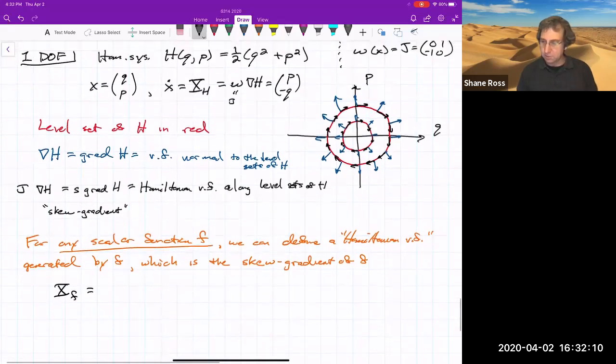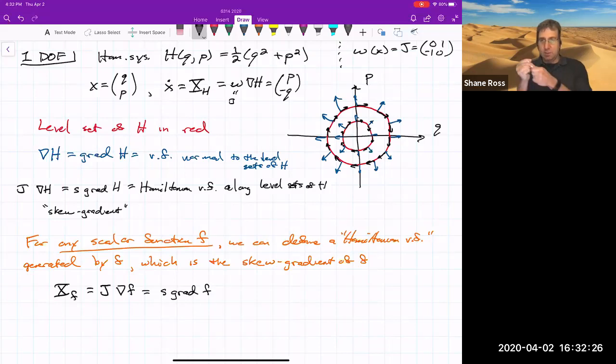And we're thinking in terms of canonical Hamiltonian systems now. So I could use J gradient of f. This is just S grad f. First you take the gradient vector field of f, and then you multiply it by J, which rotates by 90 degrees if we're thinking of a 1 degree of freedom system. In a 2 degree of freedom system, now we're talking about 4-dimensional phase space, so I don't know how it's rotating it.